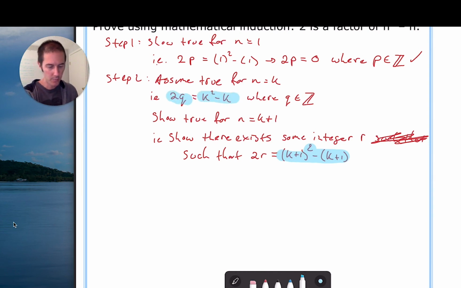It's got two sides to it. I don't see a 2q anywhere in here that I could substitute it in. What about a k squared minus k? Do you see a k squared minus k in here? Sort of. Let's move some things around and create a k squared minus k so that we can do the substitution.